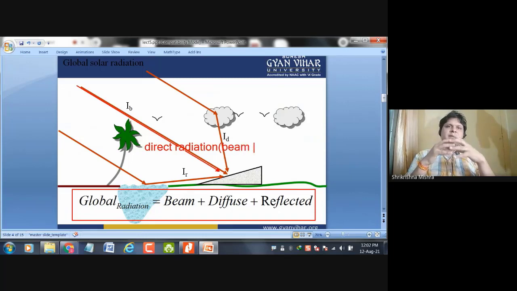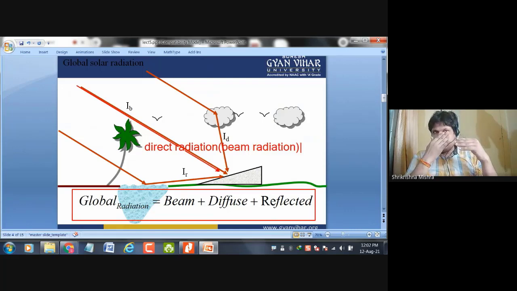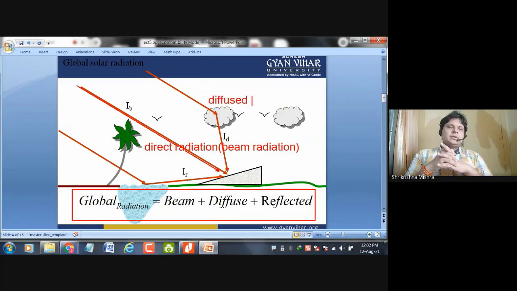So radiations which strike the surface of the earth directly are known as your beam radiation or the direct radiations. All right, and the one which is coming after getting diffused through the atmosphere, after getting reflected by the atmosphere, is your diffuse radiation.